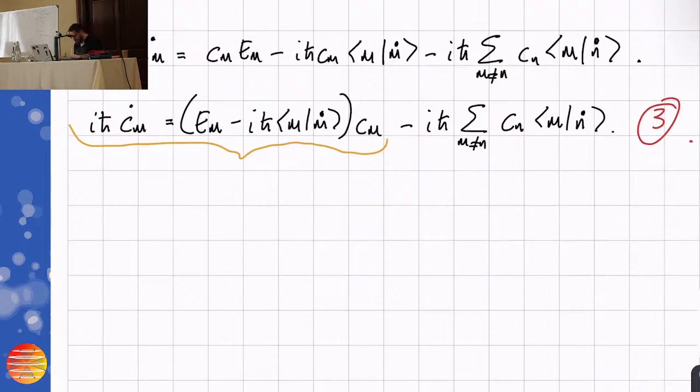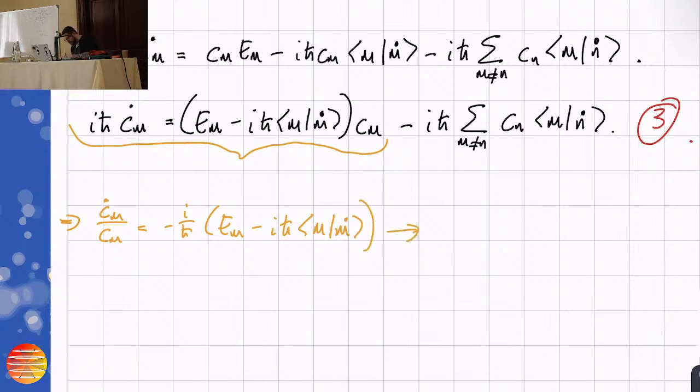So if I only had these terms, then my normal differential equation for the coefficients is c_m dot equal to minus i over h bar (e_m minus i h bar <m|m dot>) c_m, which you can simply integrate and you'll get what your coefficients are.